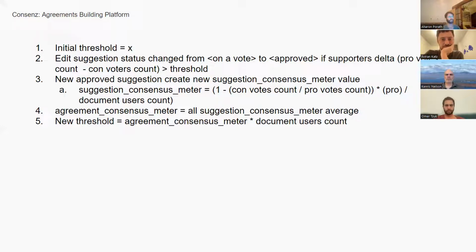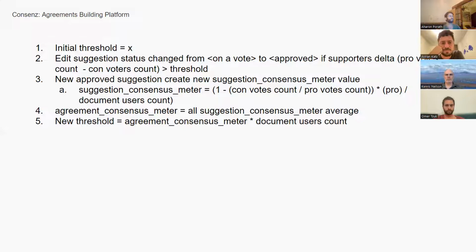And it's done by adding a consensus meter value of the specific suggestion to the value of the whole document or agreement consensus meter. And this value is determined by this formula of 1 minus con voter count divided by the pro voter count, multiplied by the pro voters divided by the document user count.